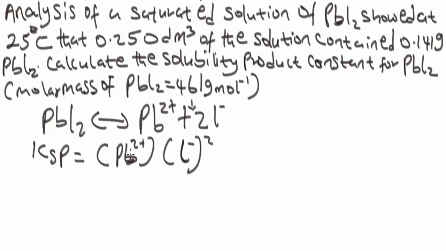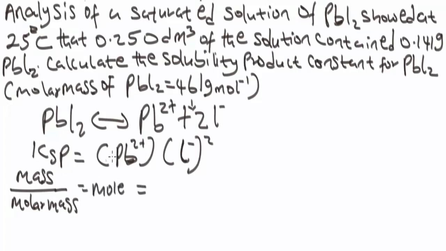Now, in this question we don't have the molar concentration. We are given the molar mass and the mass of lead-2 iodide. So in chemistry, to calculate the number of moles, the formula is mass over molar mass, and that gives you moles.